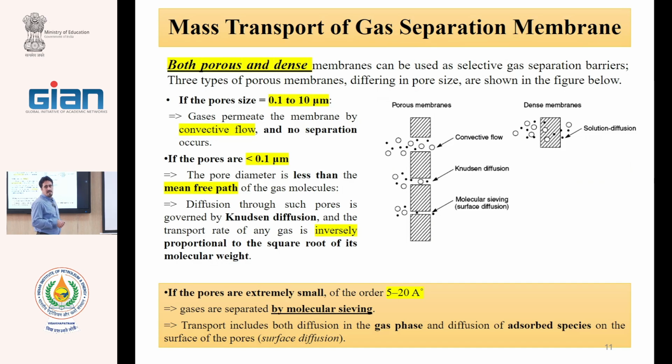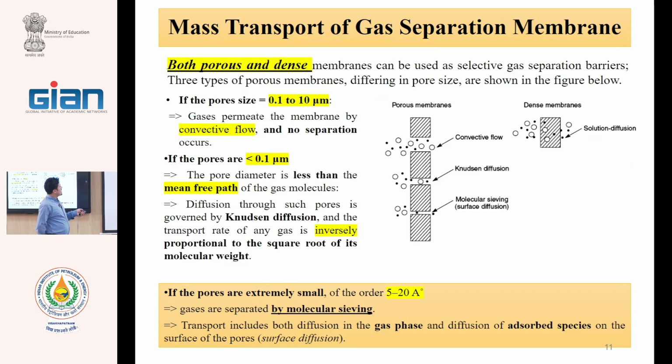We have a very low selectivity, about 1.5, 1.6, maximum 3, that means oxygen diffuses 3 times more than nitrogen.